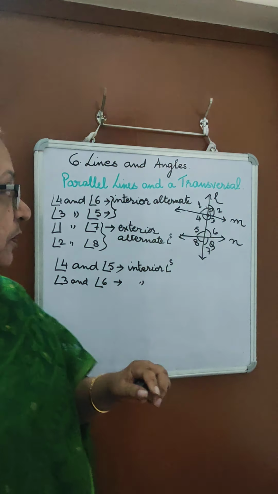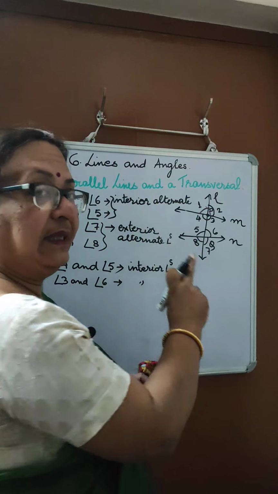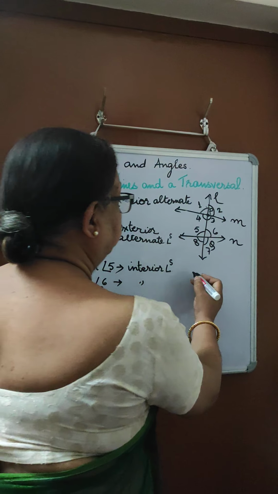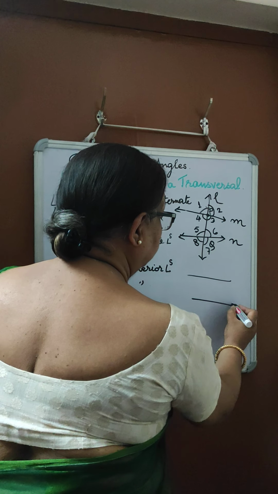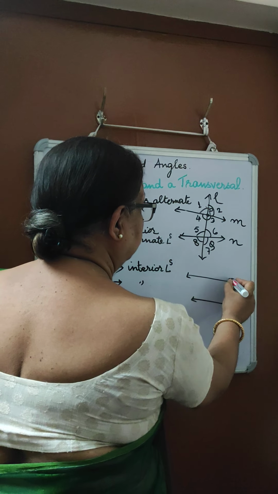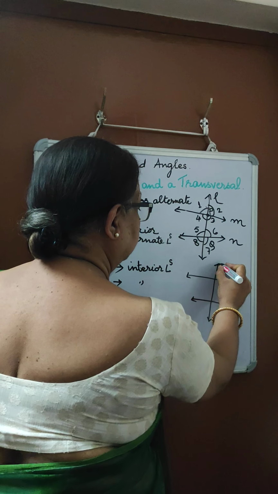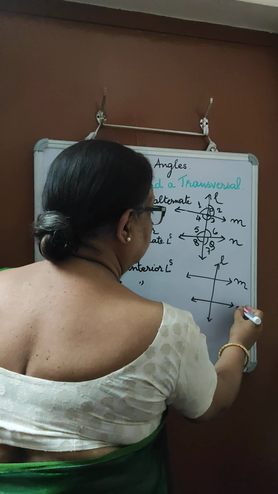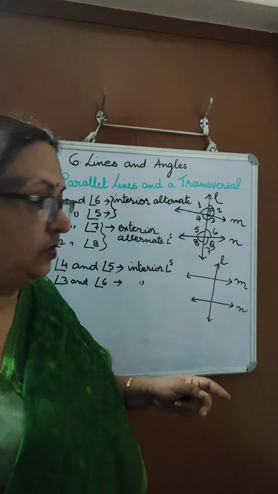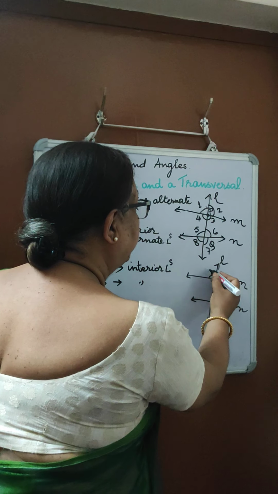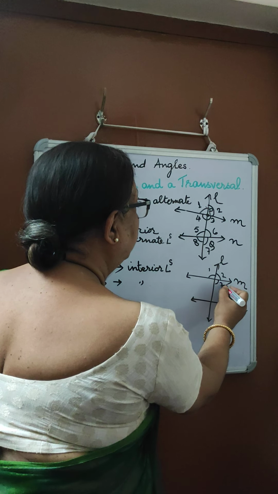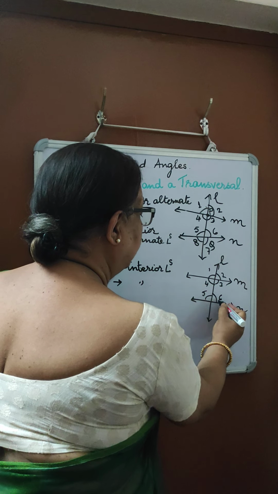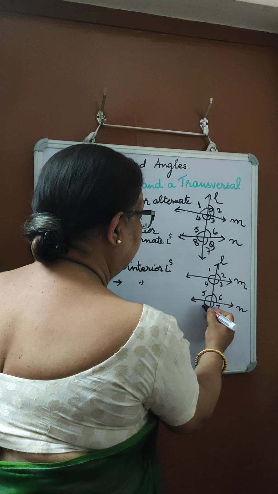Okay, now suppose I make the same figure, but now I make the lines parallel. Now I name them as before: 1, 2, 3, 4, 5, 6, 7, 8.